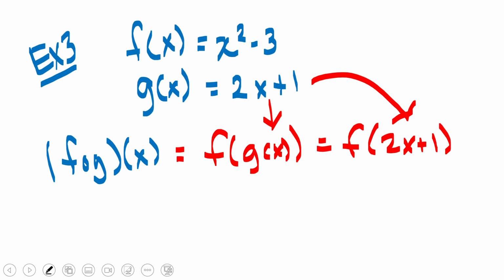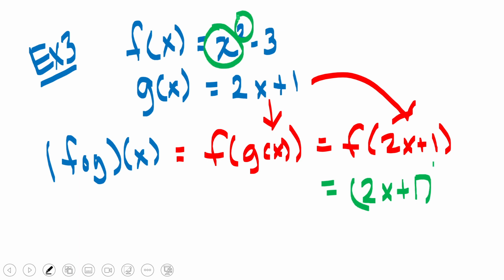So if that is true, then this is going to equal 2x plus 1 for x right here, and that's squared, all minus 3. So I just plugged in 2x plus 1 everywhere I saw an x.